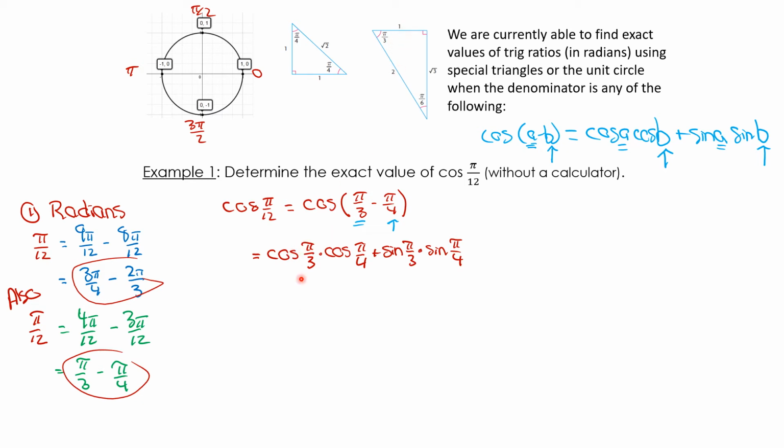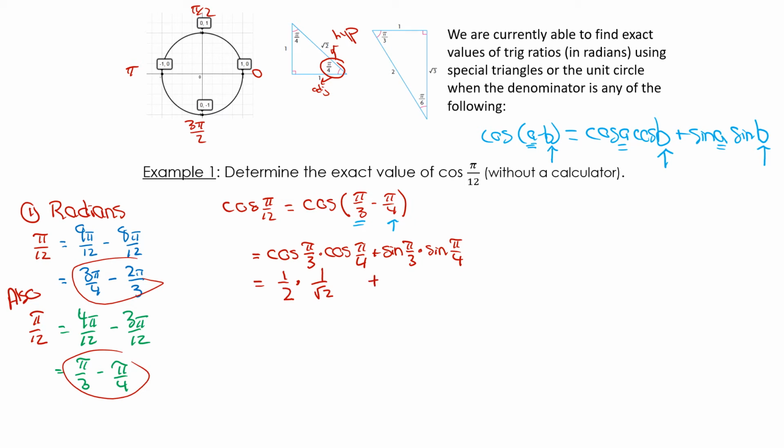So instead of cos of pi over 3, underneath it, I'm going to write 1 over 2, times cos of pi over 4. What's cos of pi over 4? Here's my pi over 4 angle. Cos is adjacent, that's this side, over hypotenuse, that's that side. So cos of pi over 4 is 1 over root 2.